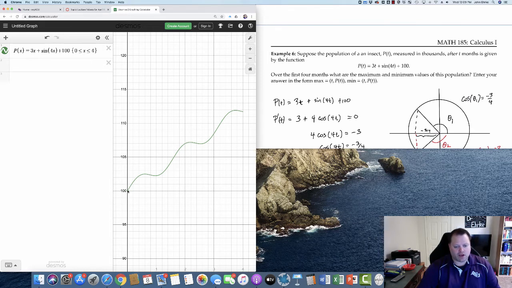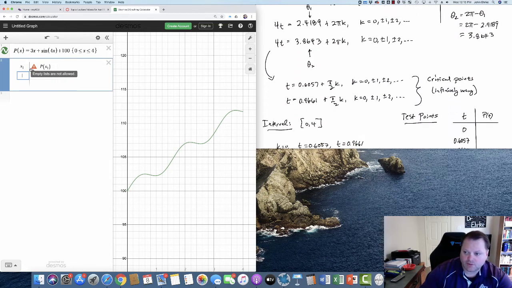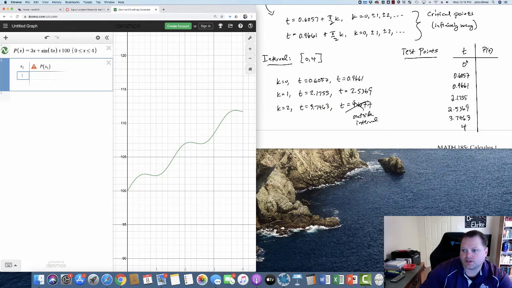The initial insect population is 100. It looks like we cap out over here around 112,000 maybe. And I want to create a table where I list all of these values. So the y here would be P of x1. So my first point that I'm testing, so remember, these are all the points that we're testing.